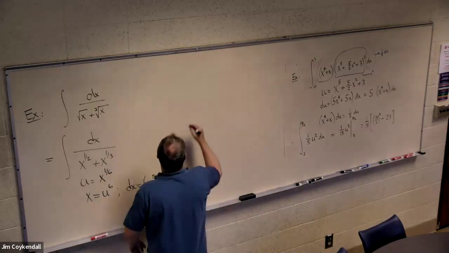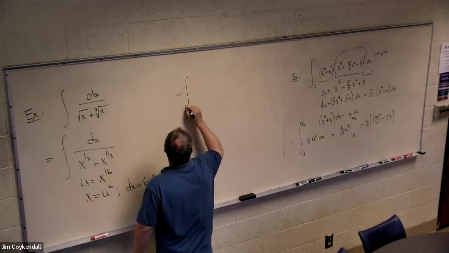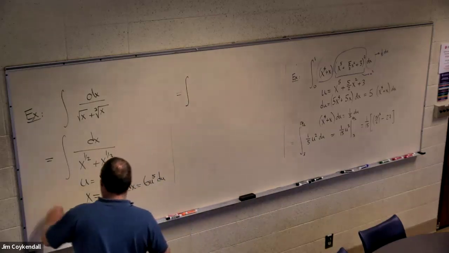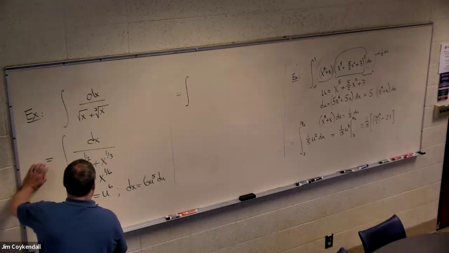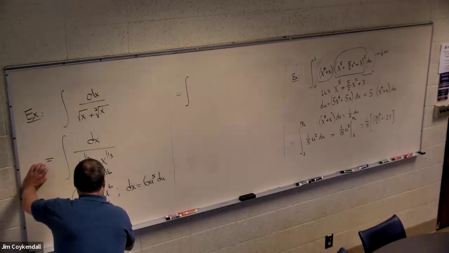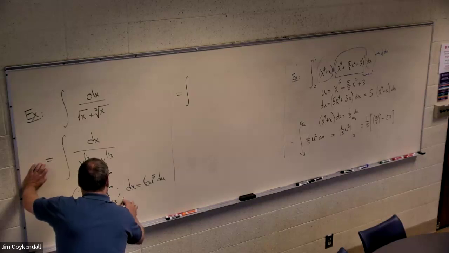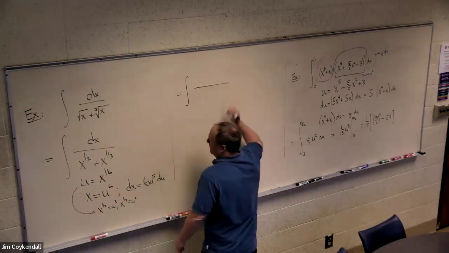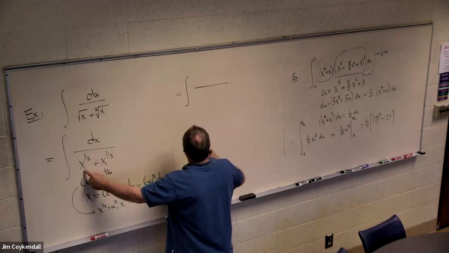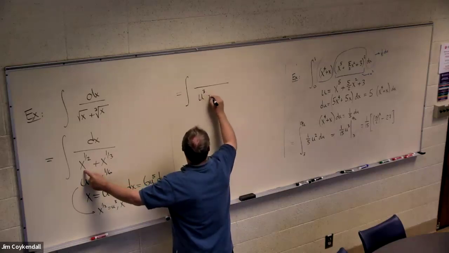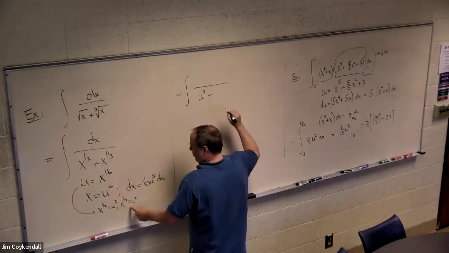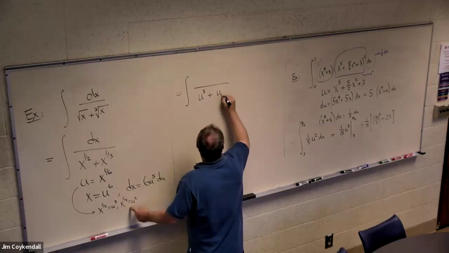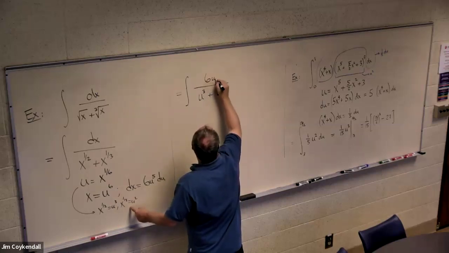So let's see what we have here. Let me also notice that x to the 1/2 is u cubed, and x to the 1/3 is u squared. So putting all my pieces in here, this is u cubed, this is u squared, and then I get 6u to the 5.